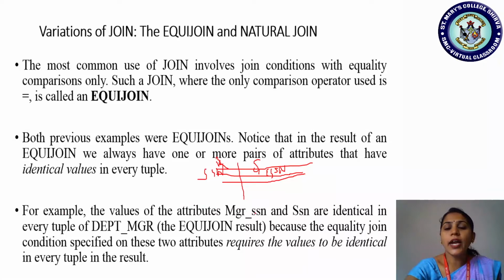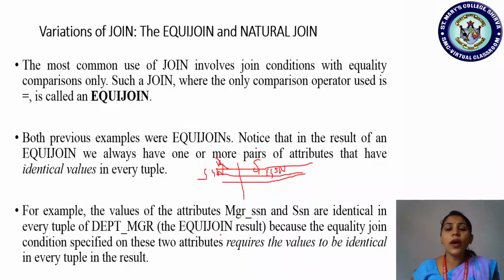So just check out here. The values of the attributes manager SSN and SSN are identical in every tuple of the department manager relation. The result relation is actually achieved with the equi-join result, that is, the join condition is using the equality operator, right? So that is why we say it is an equi-join result.